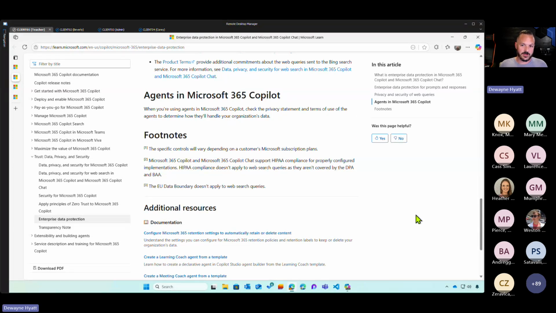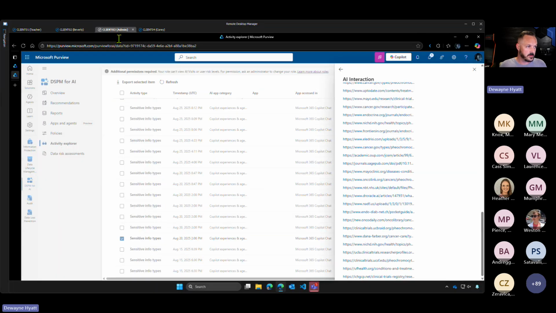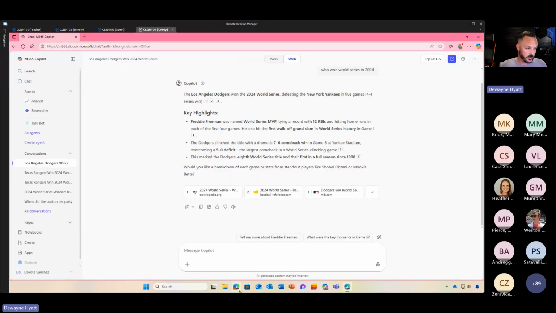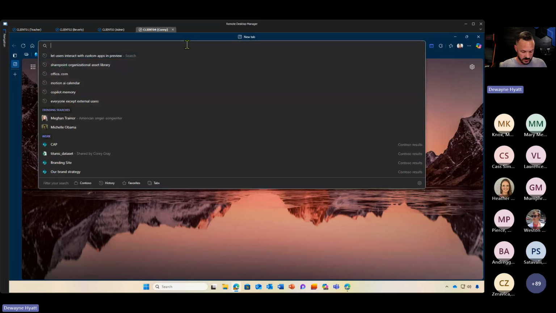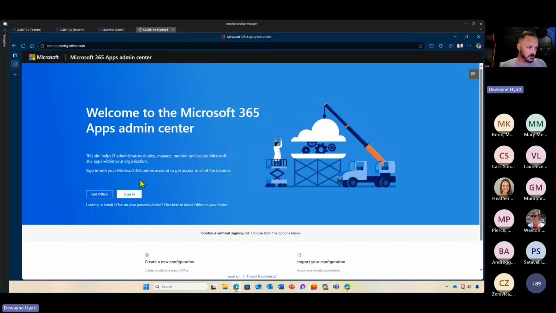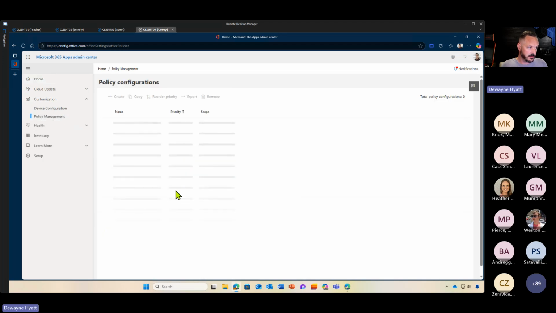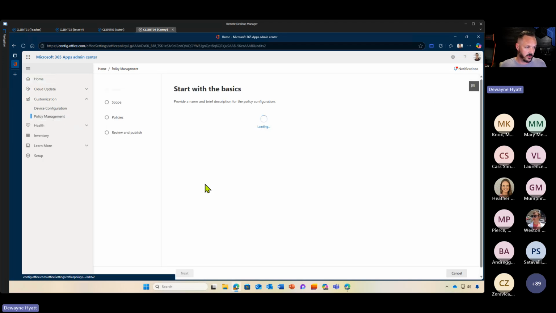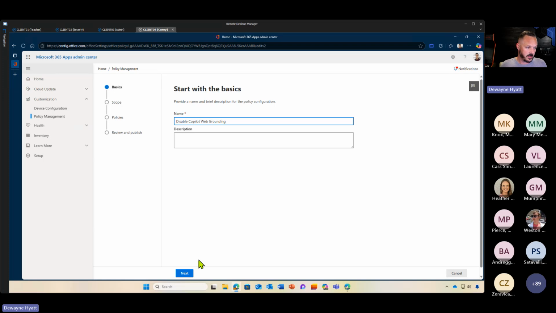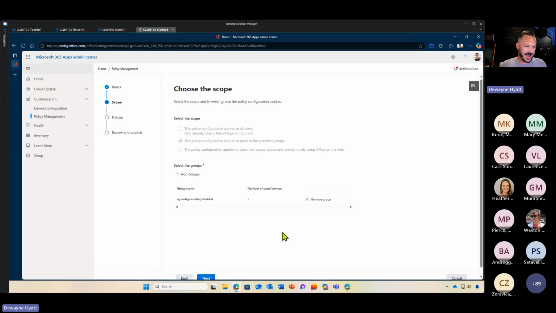If you have high-risk users, you can use your cloud policies. So you can open up your browser, go to config.office.com, sign in, and make a policy. I've got a couple in here. I've got the one that's going to disable Copilot for my users that are maybe high-risk users.